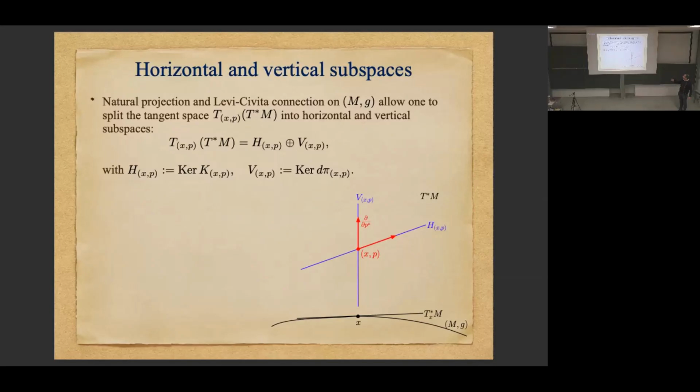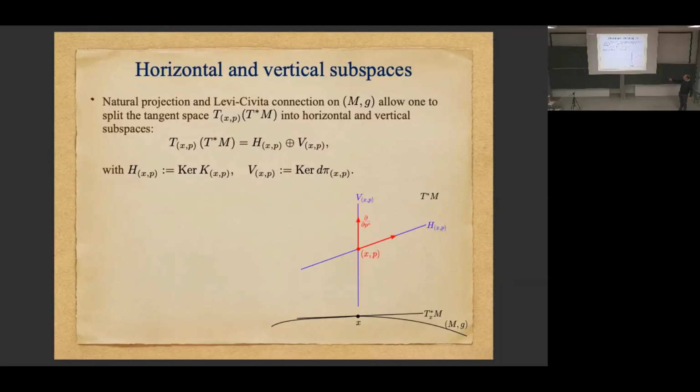So these are 4-dimensional subspaces of T(x,p). And how do you define them? The vertical space is easy, so that's the kernel of the differential of pi. In other words, this consists of all vectors that are projected to 0, so this is tangent to the fibers.